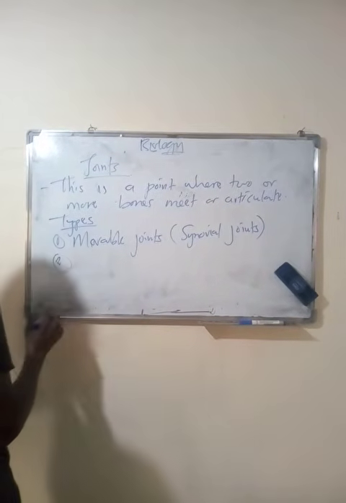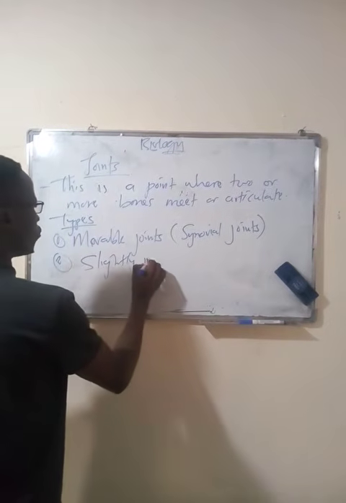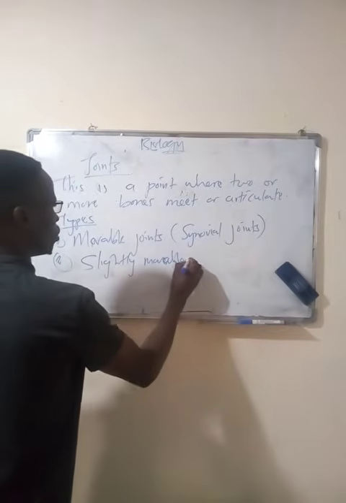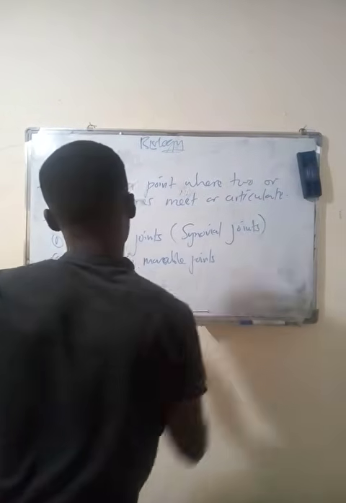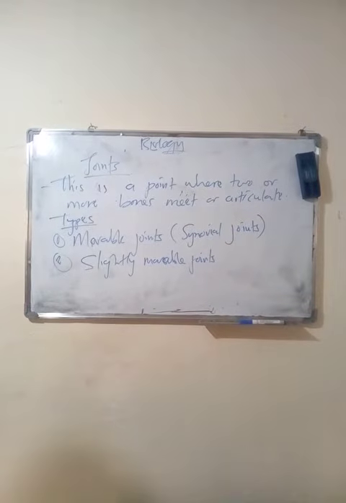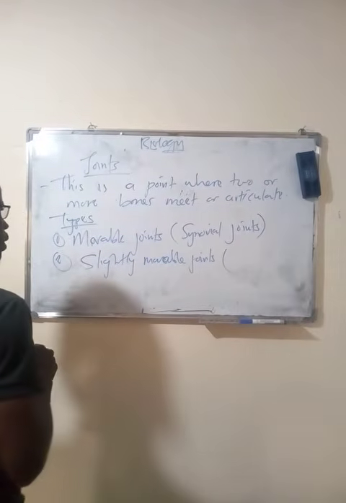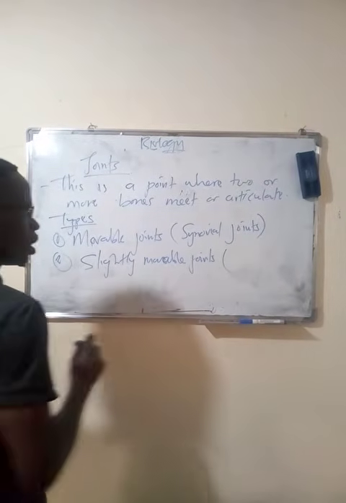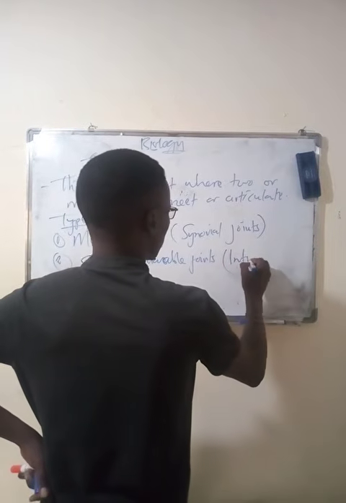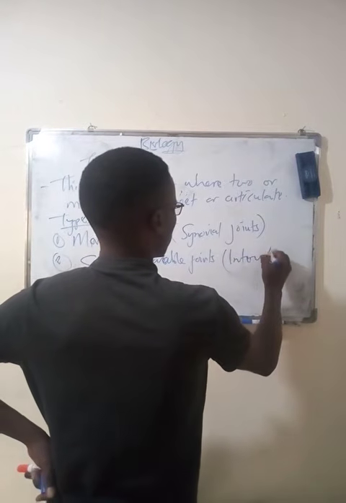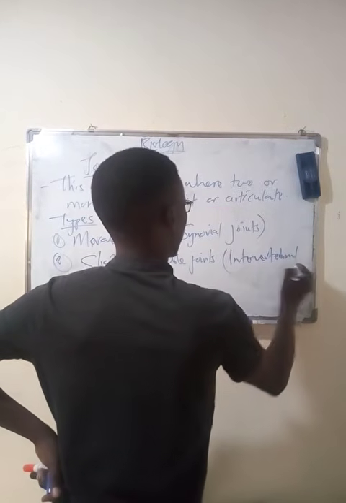Then number two, we also have slightly movable joints. The best example we can give of these slightly movable joints is the intervertebral joints.